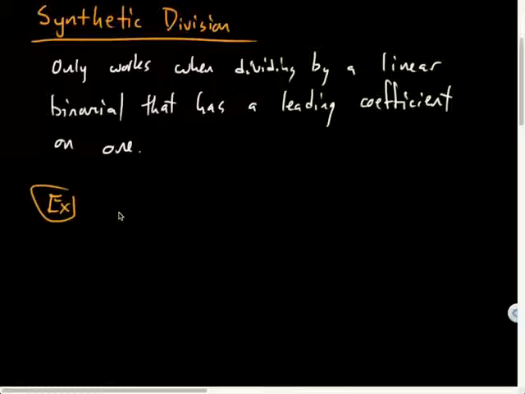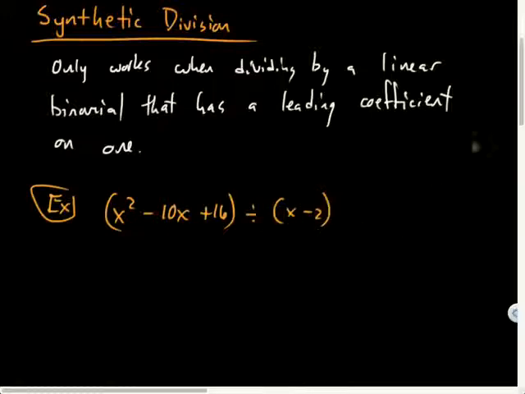So I'm going to have x squared minus 10x plus 16, and I'm going to divide that by x minus 2. Okay. And let's consider, does this fulfill our requirements?